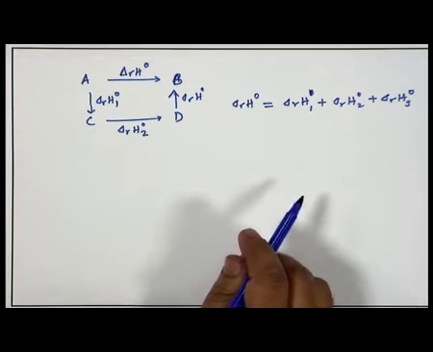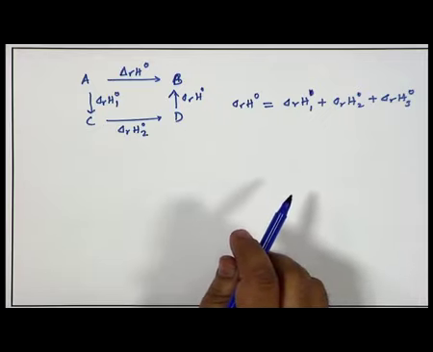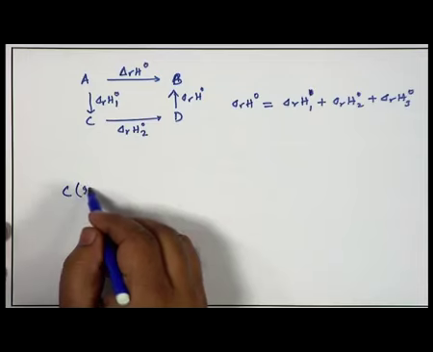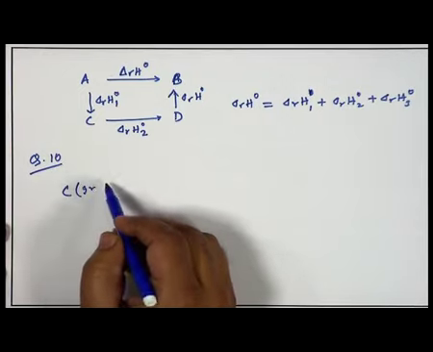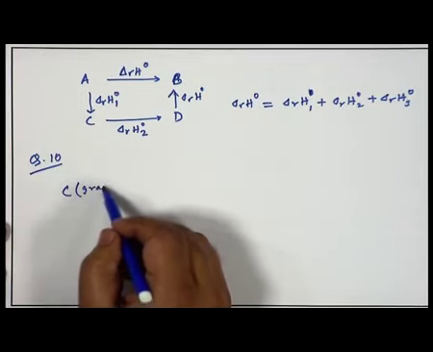So, we will just take an example numerical problem. If we can focus on this problem here, it says: given the standard enthalpy of combustion of graphite, the combustion reaction C graphite plus oxygen giving CO2 gas, the delta H 0 is minus 393.5. This is question 10 in our thermodynamics unit.